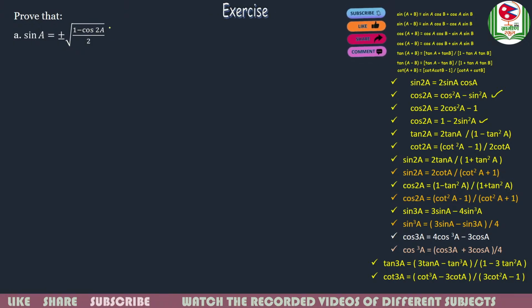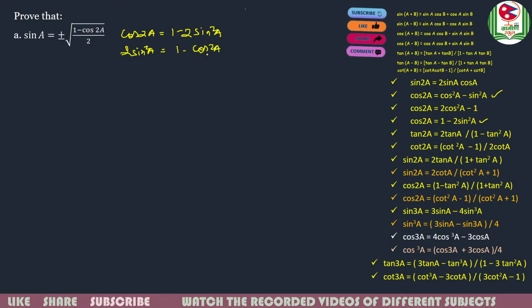So first of all, let's write cos 2A in terms of sin. So cos 2A equals 1 minus 2 sin square A. Okay. So here, changing the side, 2 sin square A equals 1 minus cos 2A.